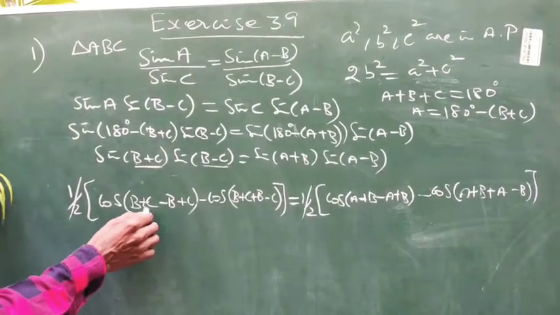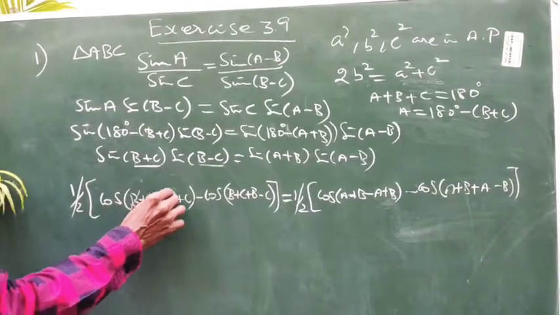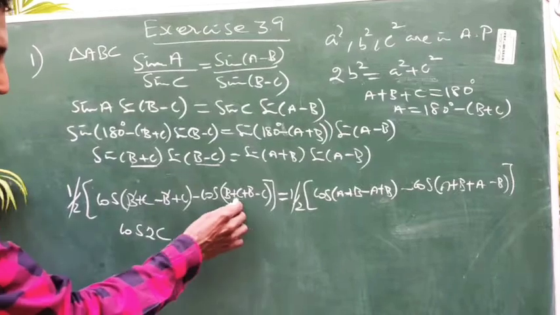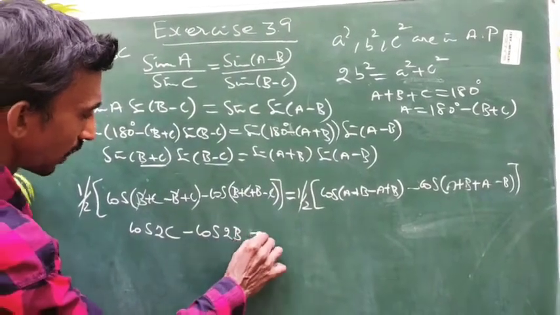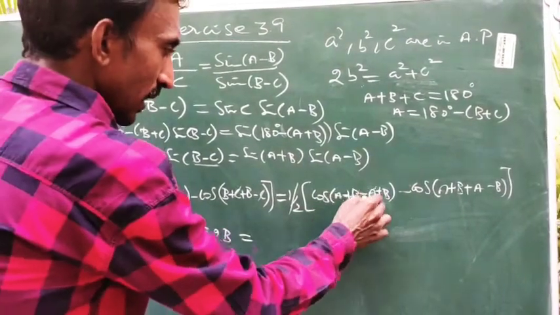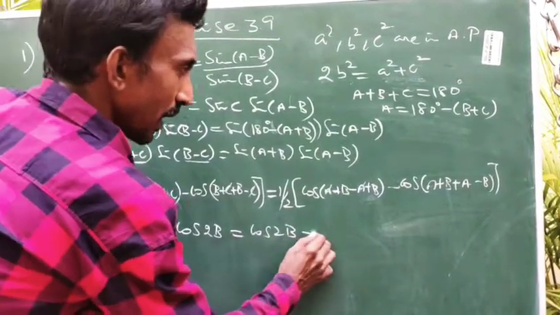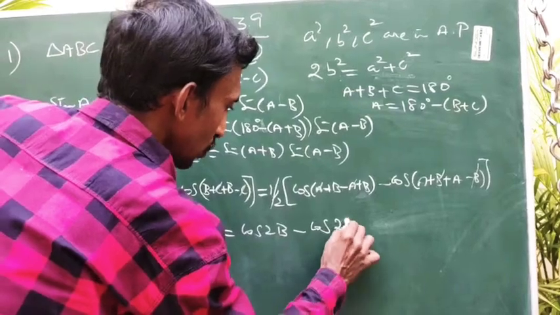So look at here. What we are getting: B minus B cancels, cos 2C, and minus C plus C cancels, minus cos 2B, equal to, on the right, A minus A cancels, cos 2B minus cos 2A, as B minus B cancels.